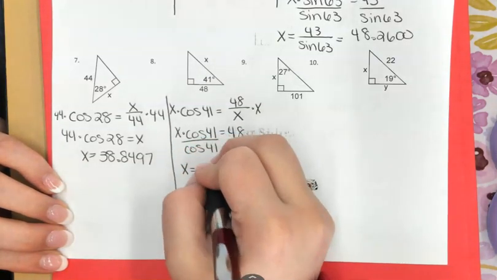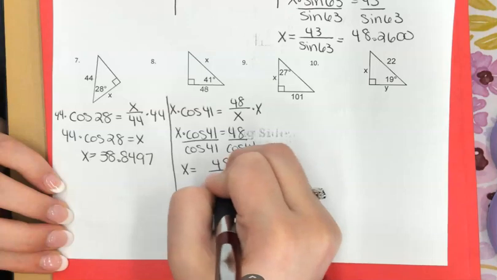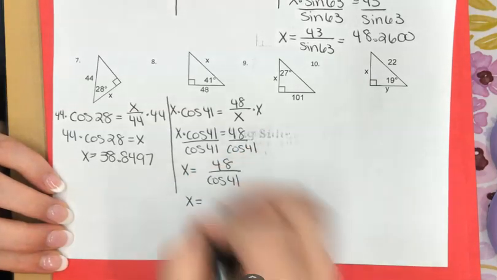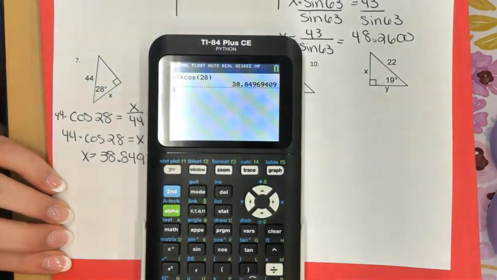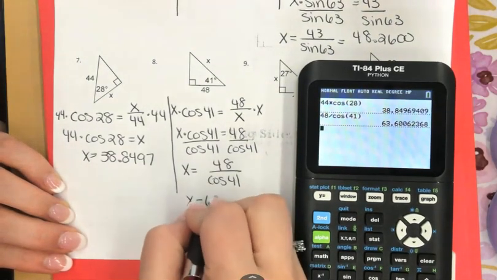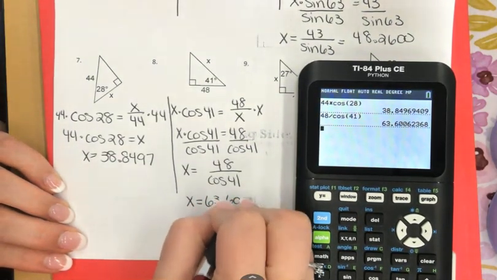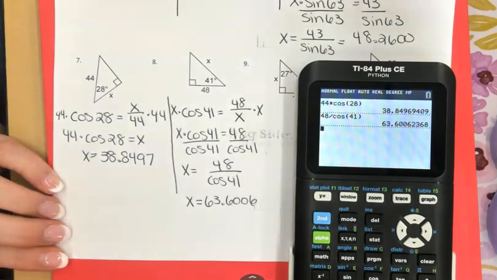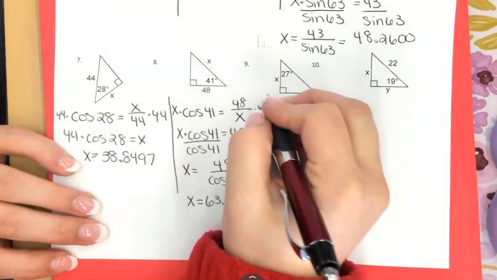So 48 divided by the cosine of 41 is what's going to go in my calculator. And I get 63.6006. Okay, just 2 left.